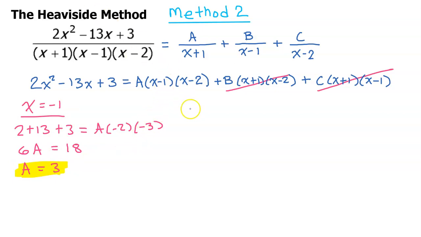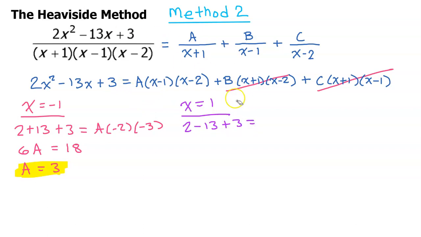Next, let's let x equal +1 to make the factor of x minus 1 equal 0. On the left-hand side, this will be 2, and then -13, because -13 times 1, and +3.